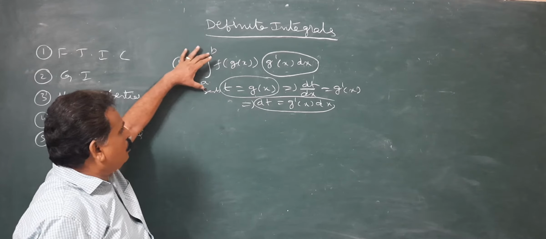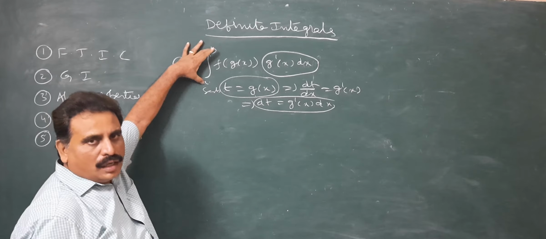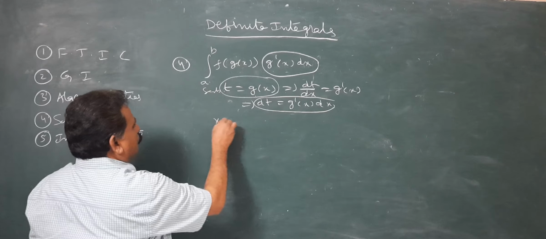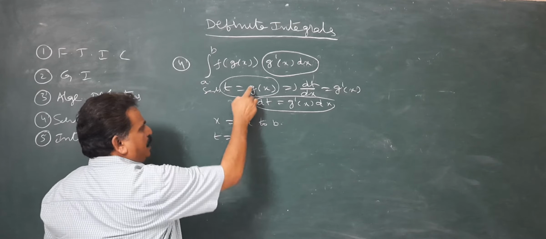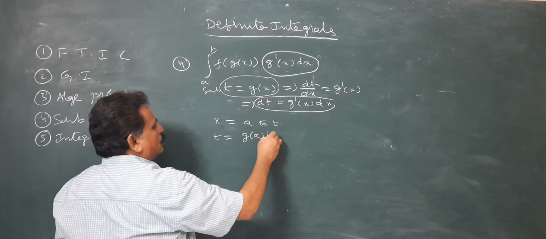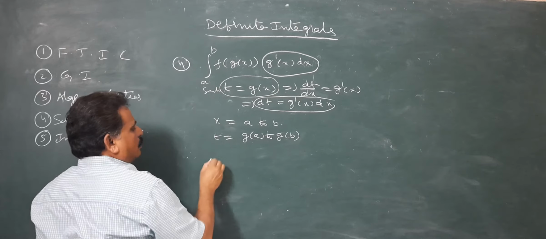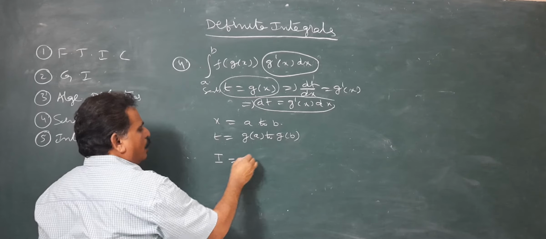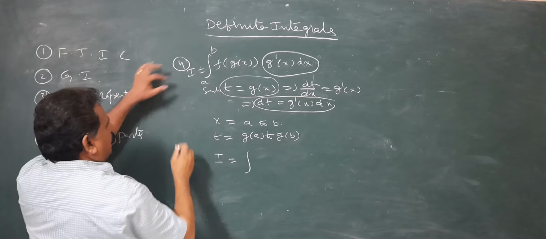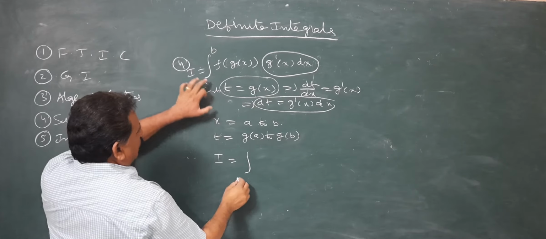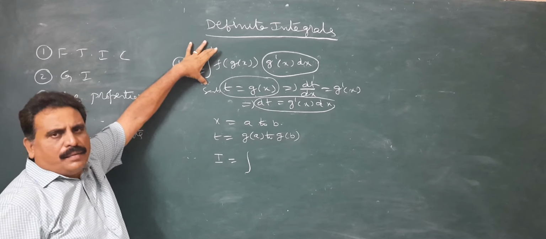Now, whenever you change the variable, automatically these limits also change. x varies from a to b, t equal to g of x, so t varies from g of a to g of b. Therefore, the given integral, taken as I, equal to integral, these a and b are the x limits.